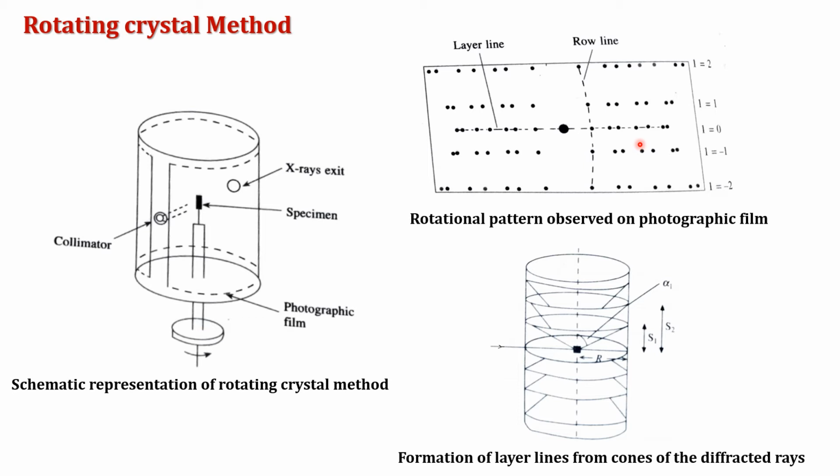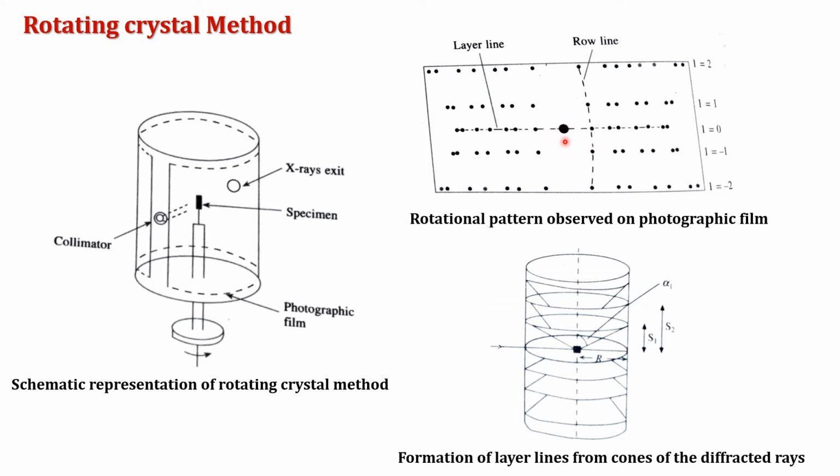The position of the various reflections on this layer line depends on the interplanar spacing d. Here, for a higher spacing, the X-rays diffract at a lower angle, and the reflections are nearer to the center of the film.